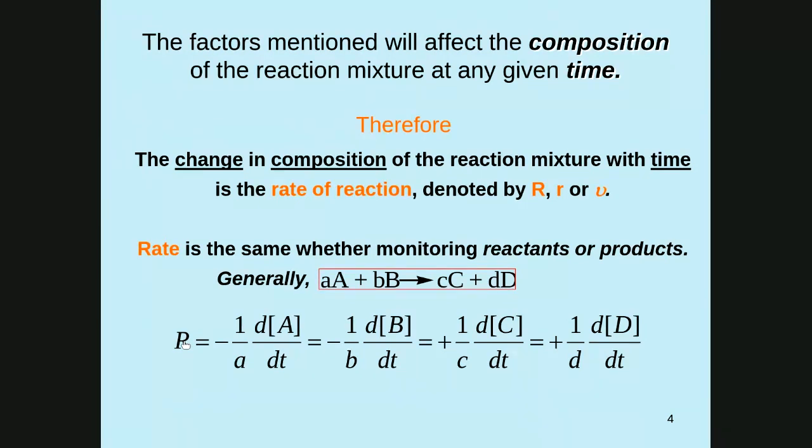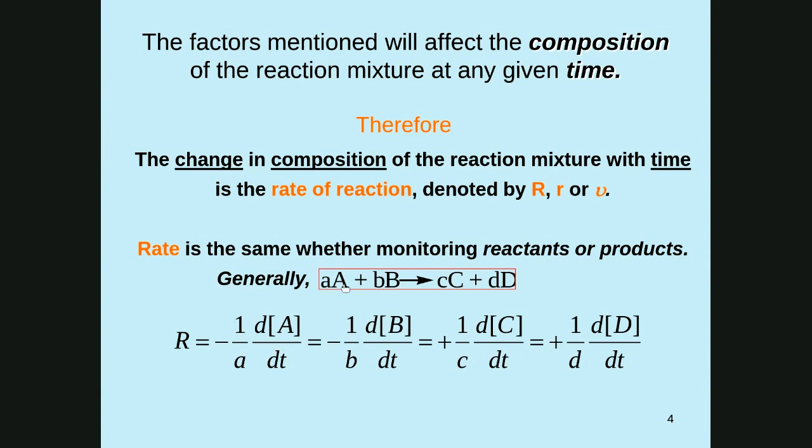Well, that is not an entirely unambiguous definition, because the rate at which compound A disappears may not necessarily be equal to the rate at which B disappears. It is only if the stoichiometry of the reaction is such that at each reaction event the same number of A's disappear as B's.